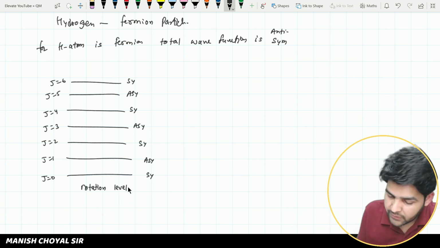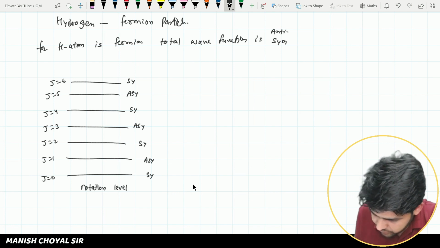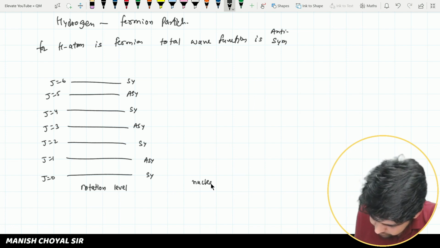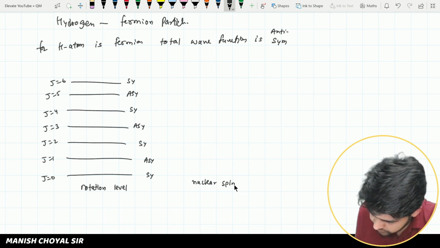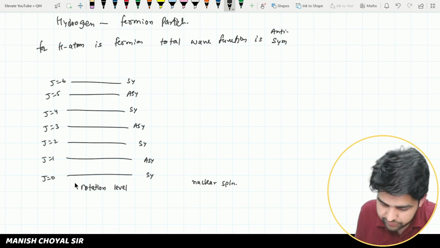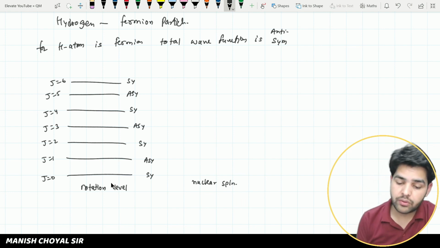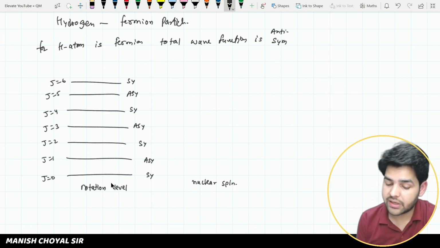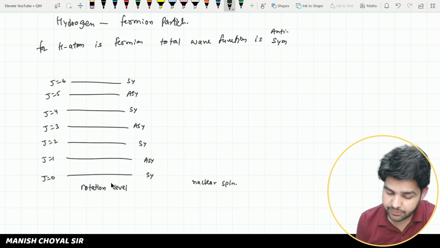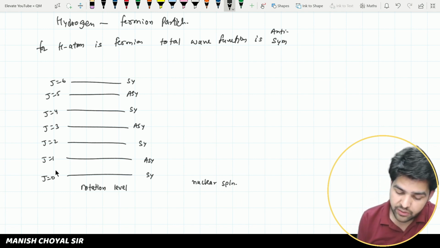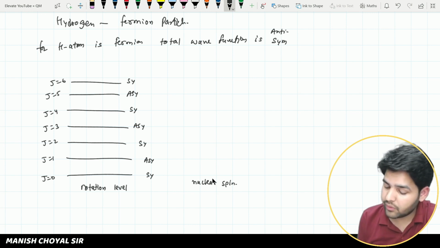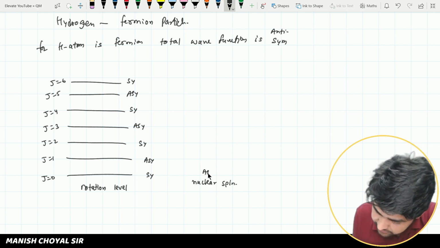Okay, so now the nuclear spin for J equals 0. The total wave function for the H atom, which is a fermion, is antisymmetric. So in that case, if J equals 0 is symmetric, then nuclear spin must be antisymmetric.